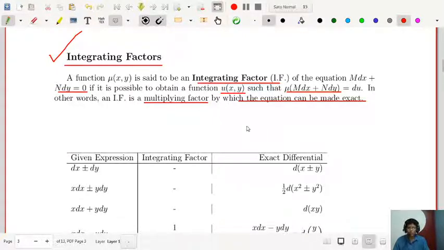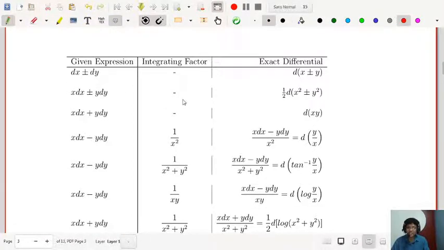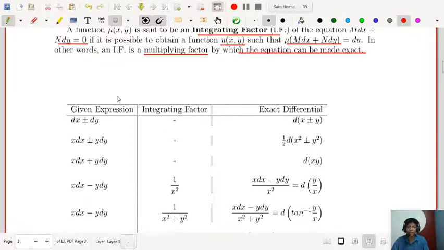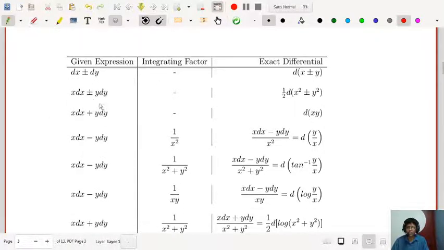So let's have a chart of that, because so many equations are involved. You will see that you need these integrating factors. So let us give a more elaborate idea about the integrating factors. If your differential expression is dx plus minus dy, you don't need any integrating factor, because it is expressible in the form of the exact differential d of x plus minus y.